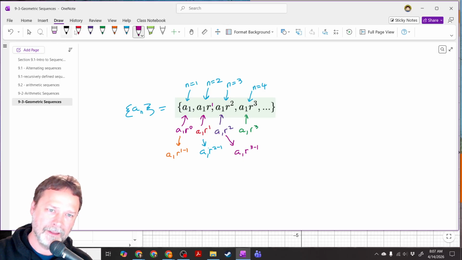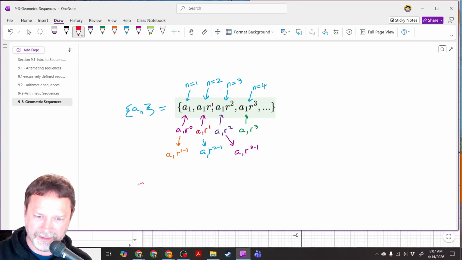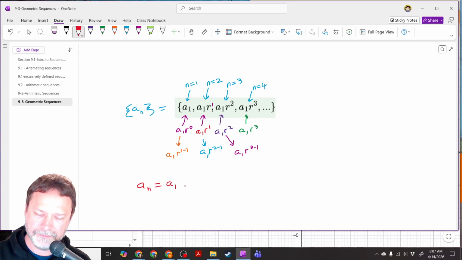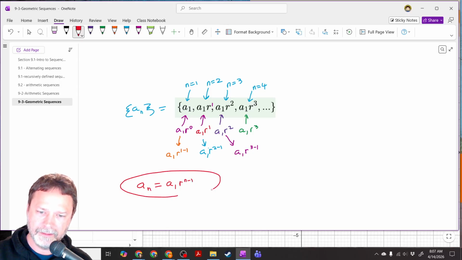So if I haven't gone slow enough, here's our explicit formula for these. A sub n is going to be a sub 1 times r to the n minus 1. That's it.